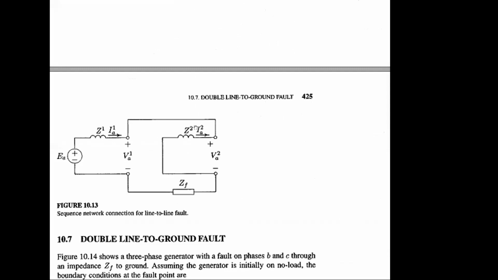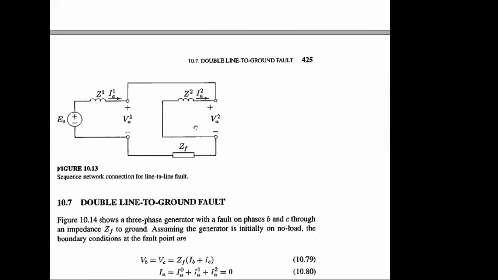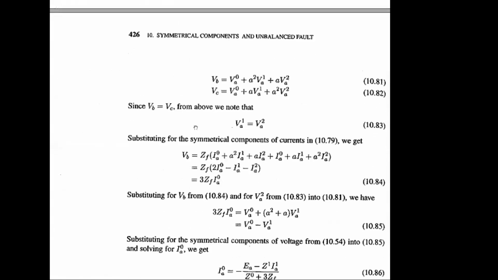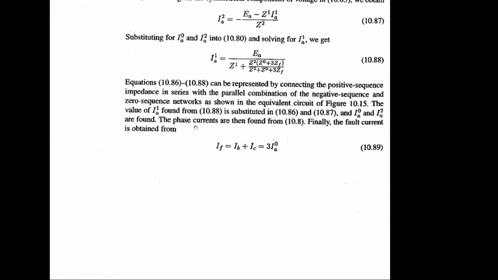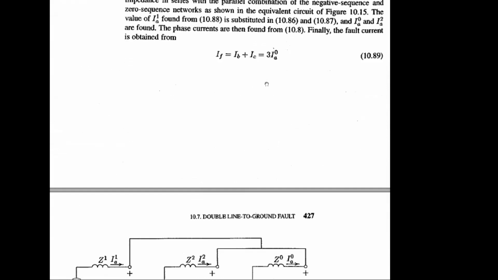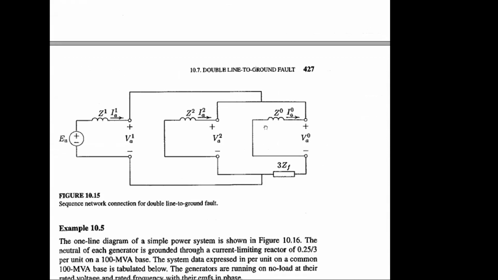Okay, in that case, the third scenario, double line to ground, we can see what the behavior will be. Actually, after derivation there will be some equation, and that equation will give you the indication of this circuit. Here you can see how they are connected.